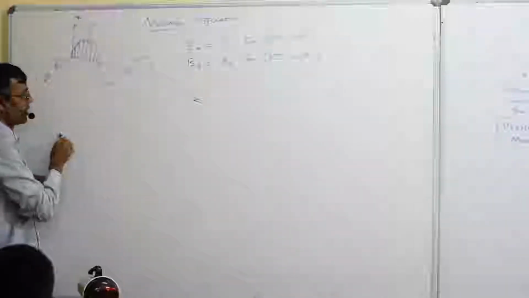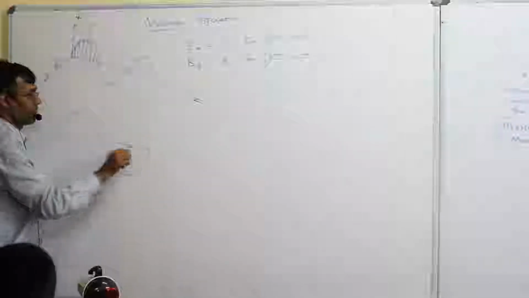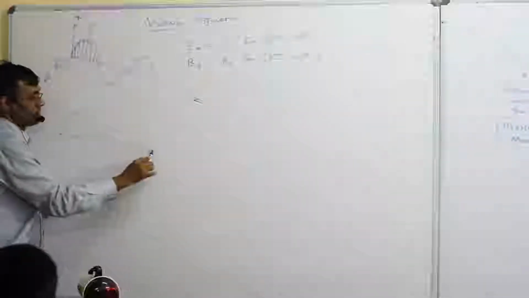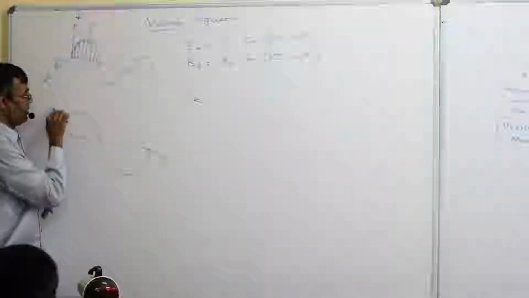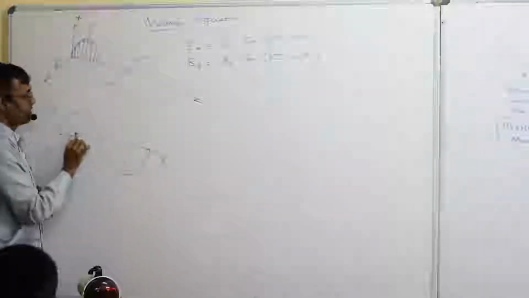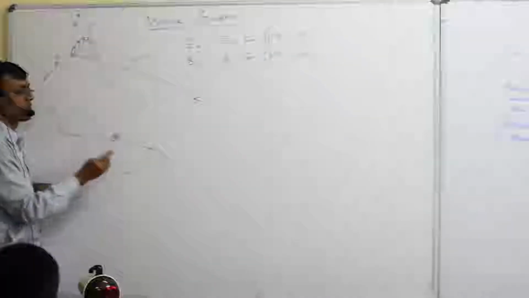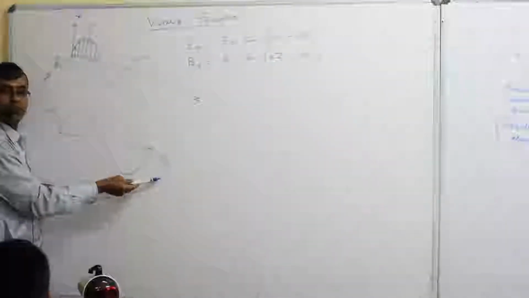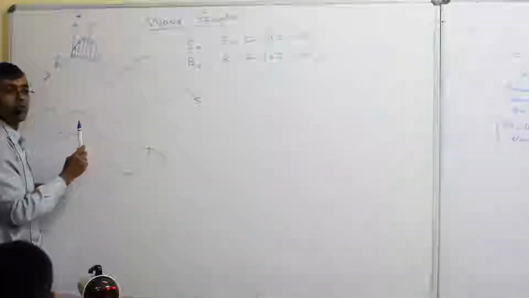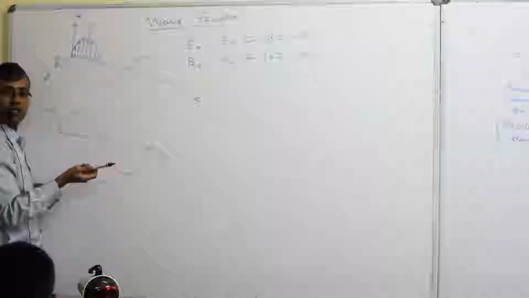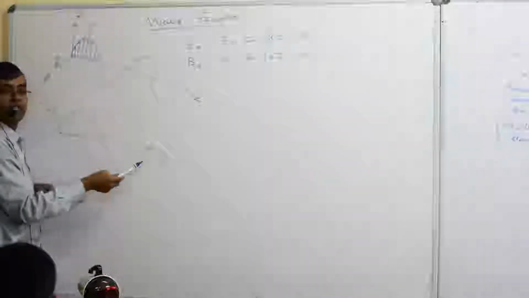If I draw a line like this, in your mathematics you can say, as z changes, let's say this is x, so as z changes, x also changes. So I can write an equation using x in terms of z. But with respect to time also it changes, right? It's not going to be the same.